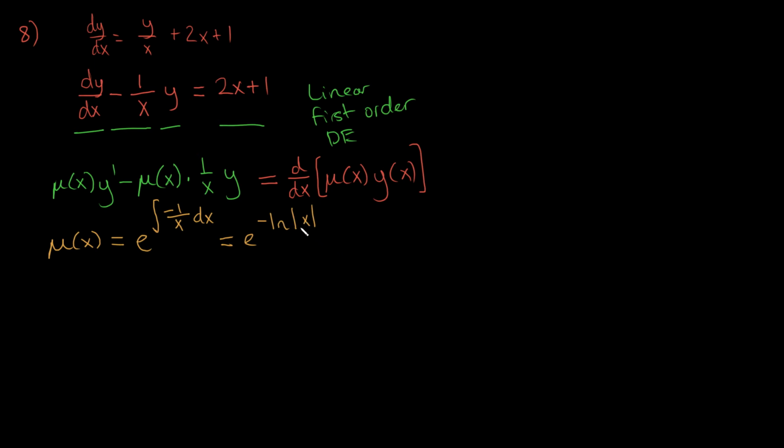So this e to the negative natural log of x, we can say this is the same as negative 1 times the natural log of the absolute value of x, which using the logarithm properties, we can pull into the logarithm as natural log of the absolute value of x to the power of negative 1. And now e to the natural log of anything is just the anything. So we have x to the negative 1 as our integrating factor, which is kind of nice.